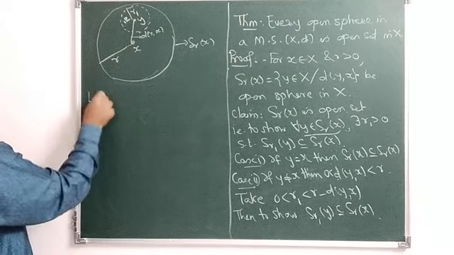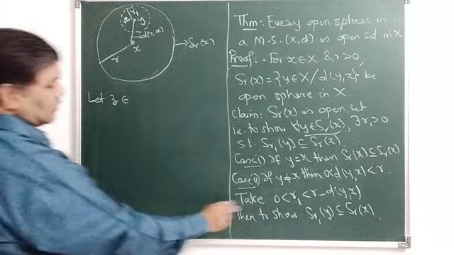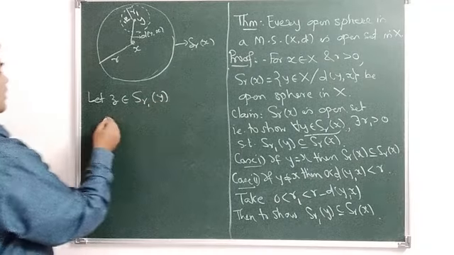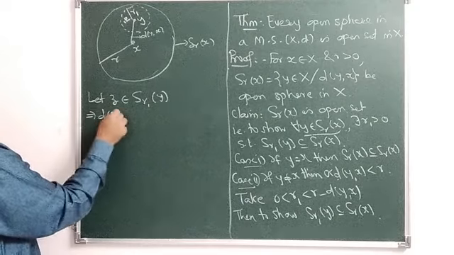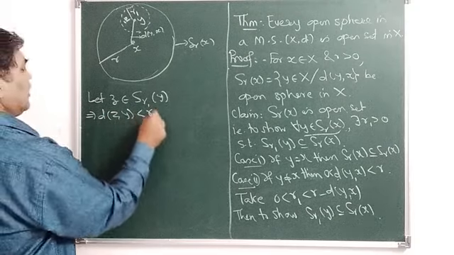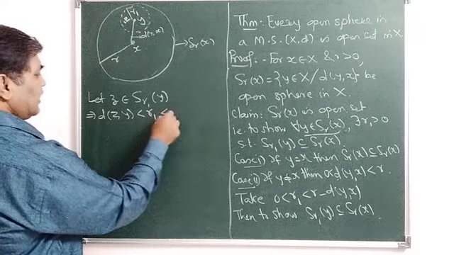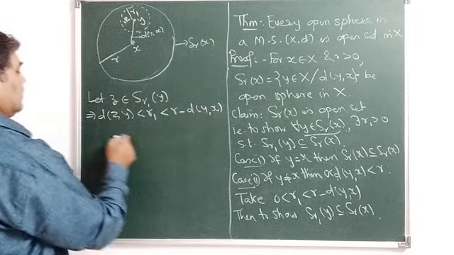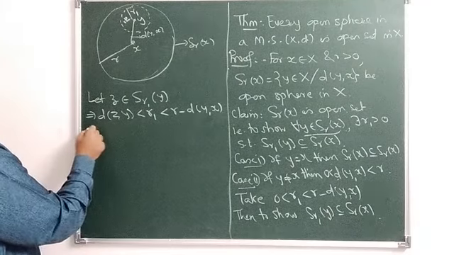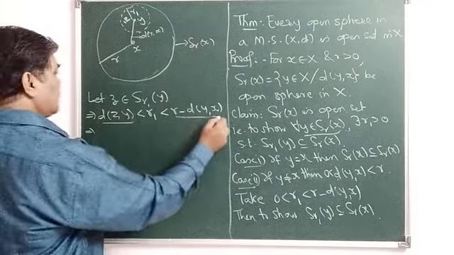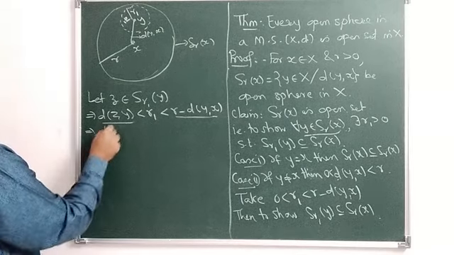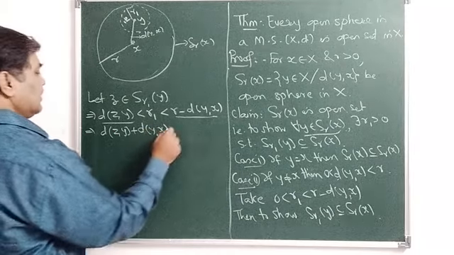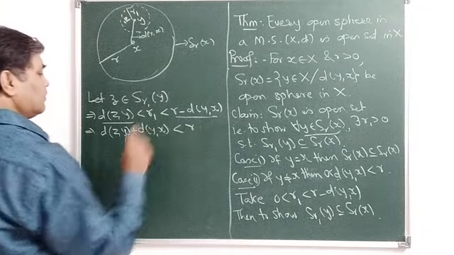So let z belong to S_r1(y). This implies d(z, y) is less than r1, and r1 is less than r minus d(y, x), which implies d(z, y) plus d(y, x) is less than r, right?